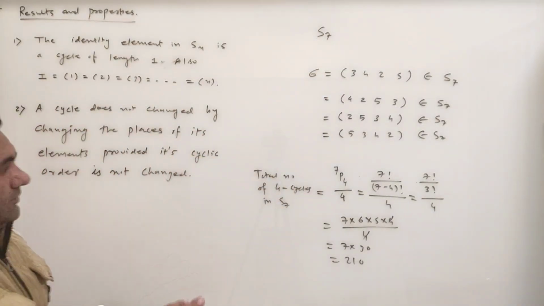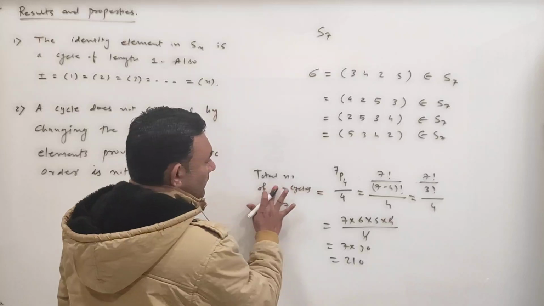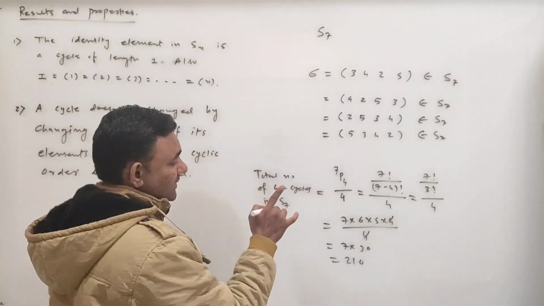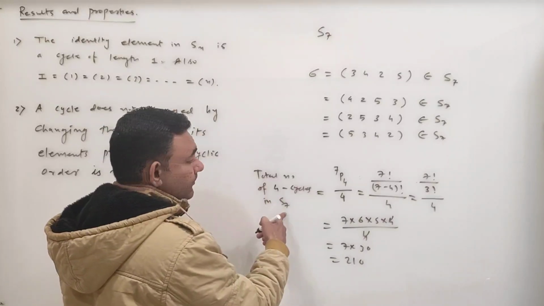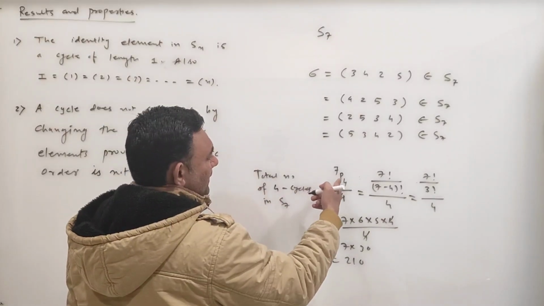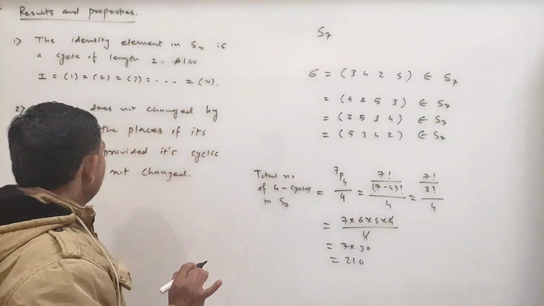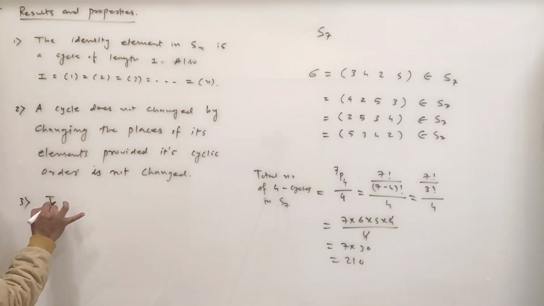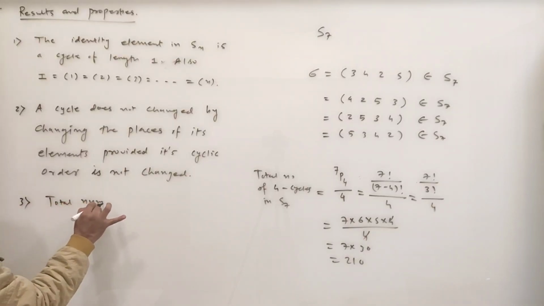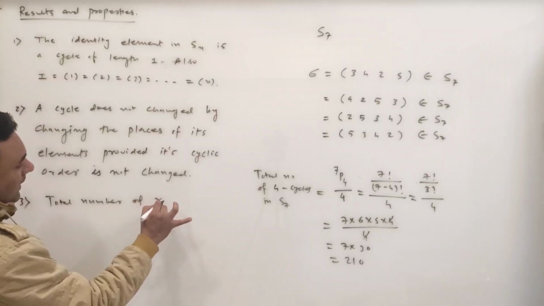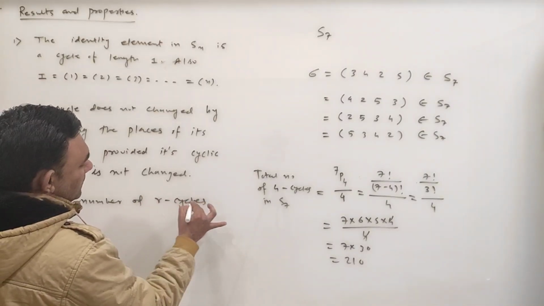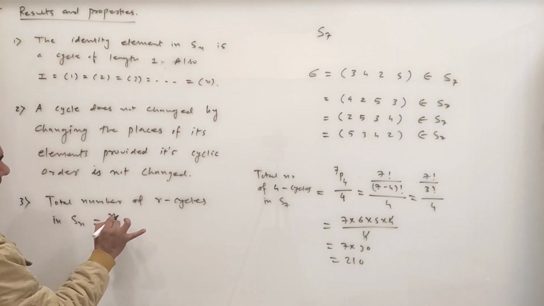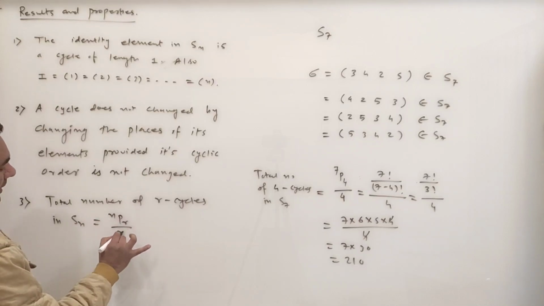Okay, so in general, the total number of r cycles, here 4 cycles, so the total number of r cycles in Sn is what? It is nPr divided by r. So let me write that down. So total number of r cycles in Sn is equal to nPr divided by r.